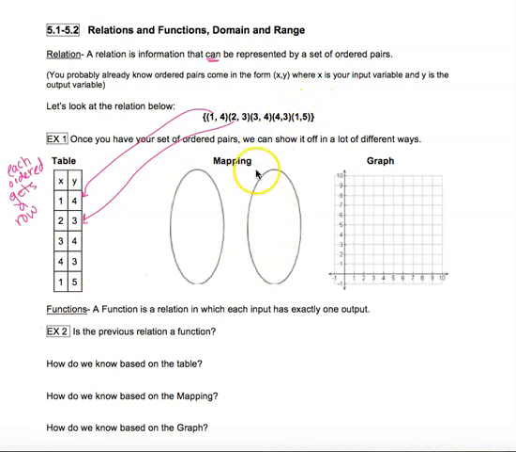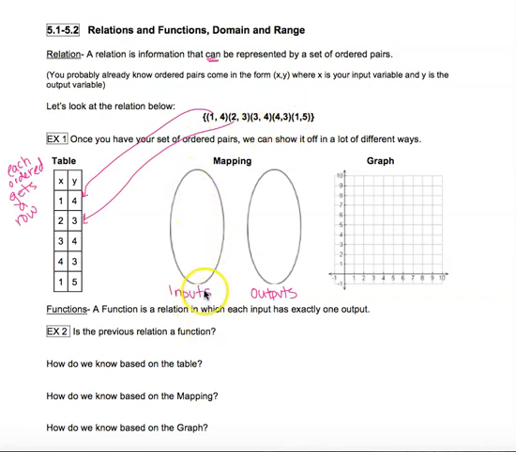Another way that we can represent a relation is with what's called a mapping. And in a mapping, we have two, usually ovals, that we list. In the first oval are inputs. And in our second oval, we list the outputs. So all of our inputs are our x's. So I have 1, 2, 3, 4, 1 again.